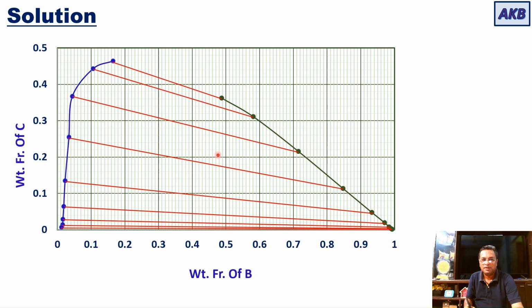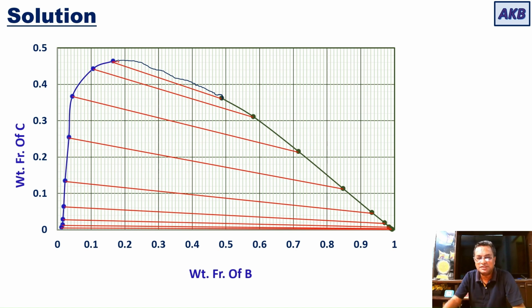So in this way, you can further join these two curves to make a smooth curve, and that will be the binodal solubility curve. In this way, you can plot the binodal solubility curve on rectangular coordinates.